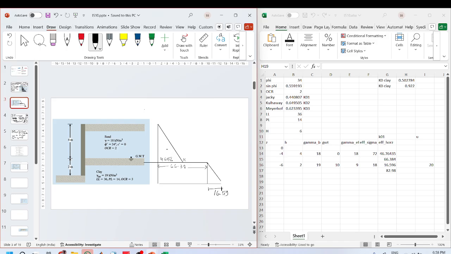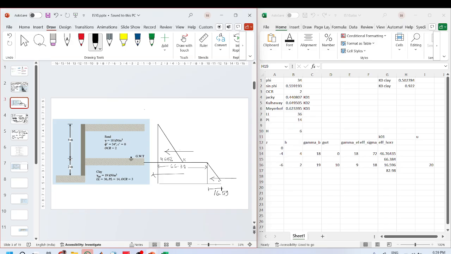So what we will do is calculate the resultant also at 1/3 height of this triangle, at the center of this rectangle, and at 1/3 height of this triangle.